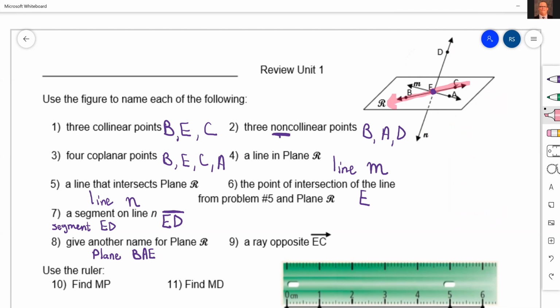We've got to start at E. That's part of our rule for opposite rays. We've got to have the same starting point, but we won't go through C. This time we'll go through B. So you can do that with the symbol, or if you're online doing this, ray EB.